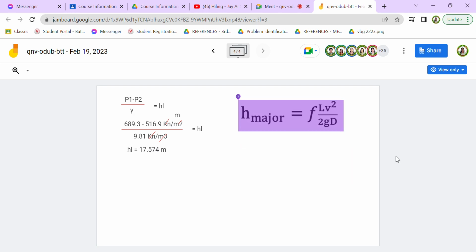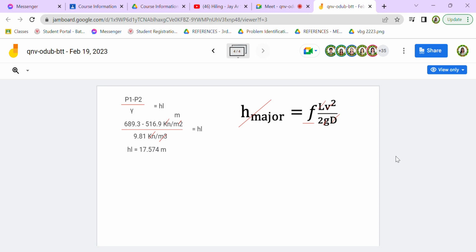So meron na tayong value ng H major or ng major head loss. Meron tayong value ng length ng pipe, velocity ng fluid, acceleration due to gravity, and the diameter ng pipe. Then makukuha na natin si friction factor, yung hinahanap sa problem.